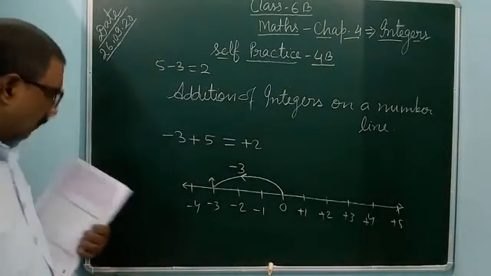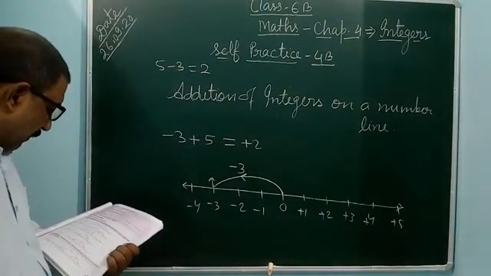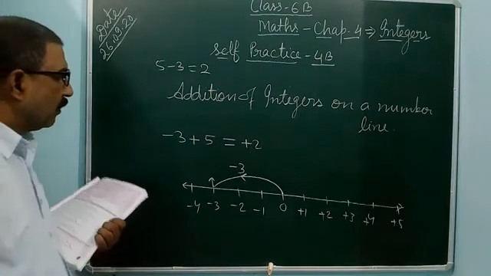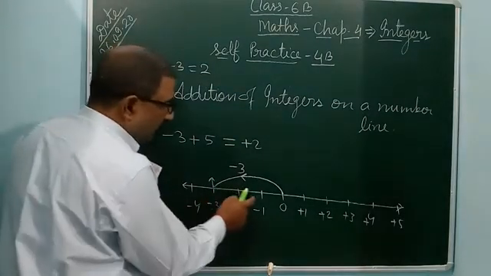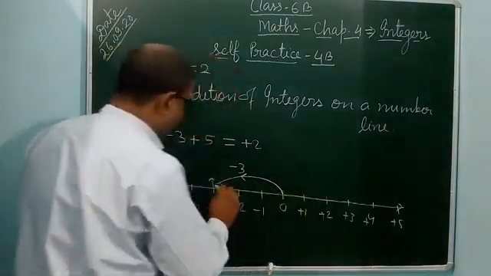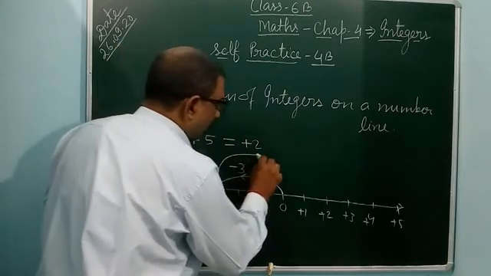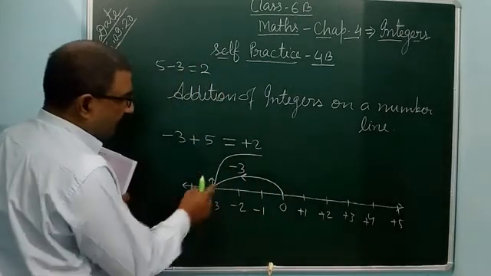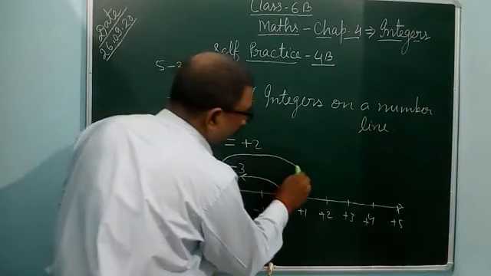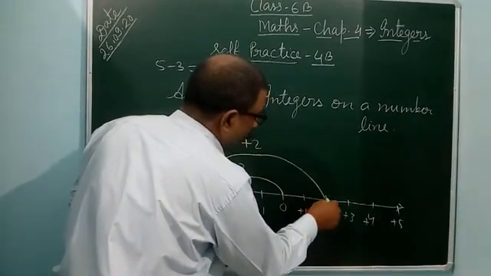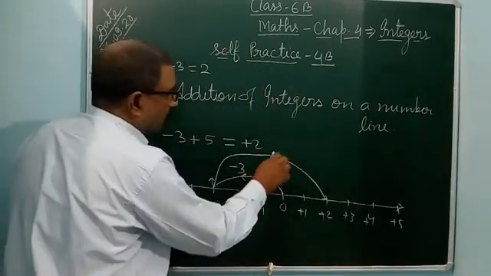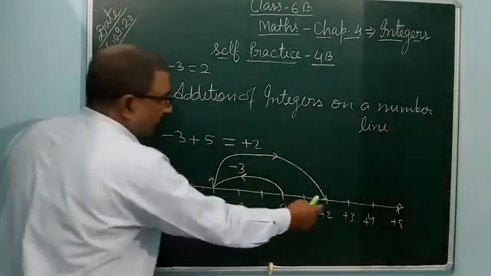After that, going 5 gaps from minus 3 we reach 2.